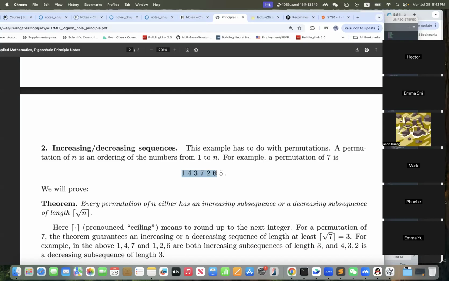It can either be 1, 2, 3, 4, 5, 6, 7, or 7, 6, 5, 4, 3, 2, 1, or like 1, 4, 3, 7, 2, 6, 5, a random order. Now how many different permutations are there? Let's think about this problem for maybe 3 minutes, and I would ask you to answer this question. You see, it's another counting problem, right?